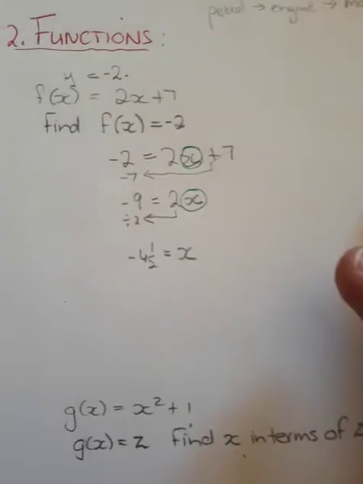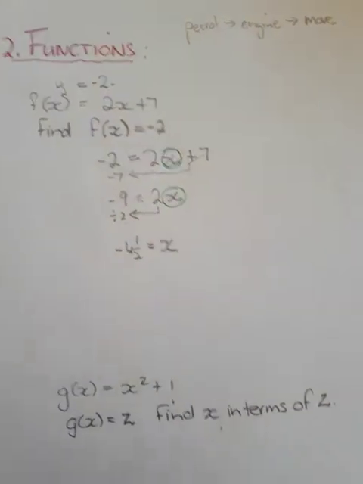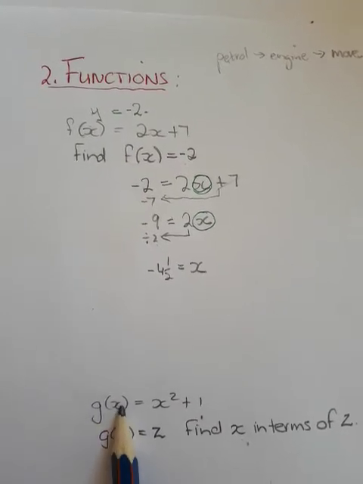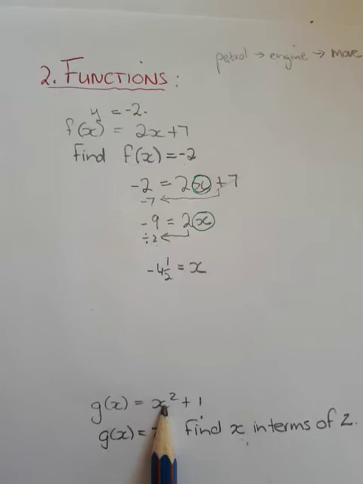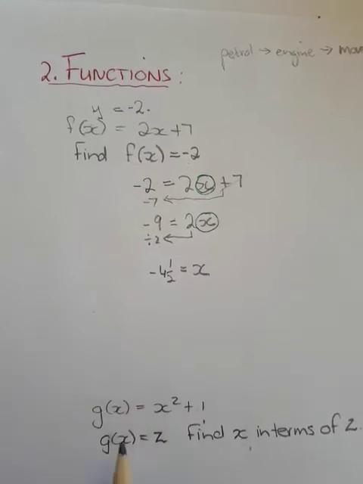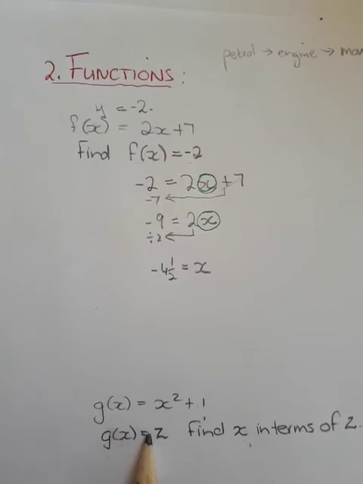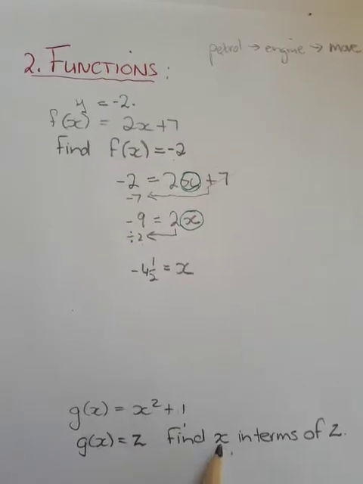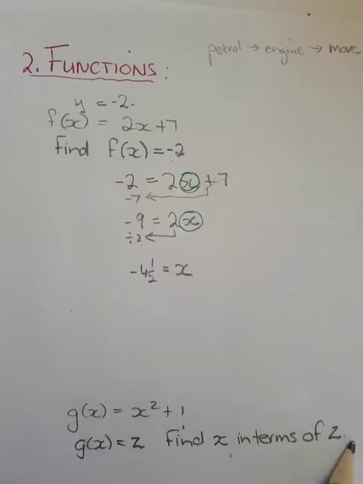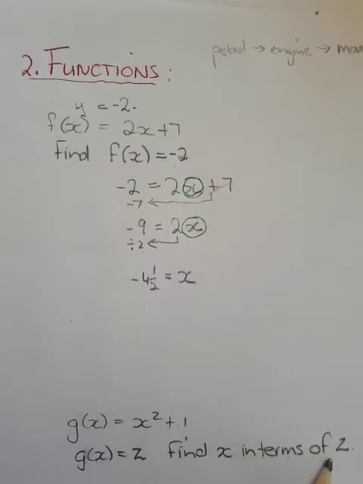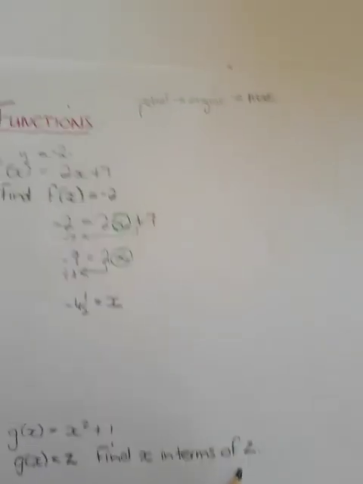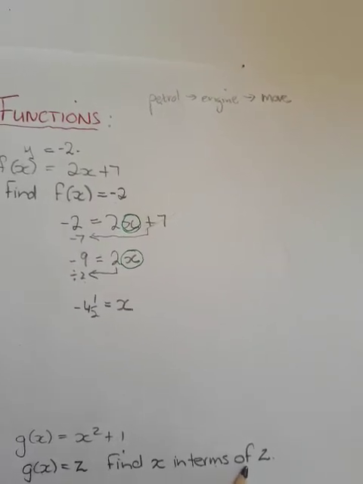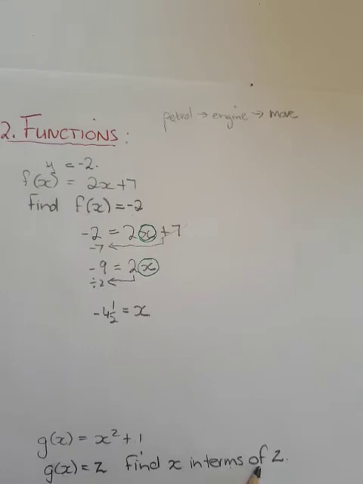All right, it can become a bit more complicated where they give you another function, g of x, which is equal to x squared plus 1. And they tell you that g(x) is equal to z, and you must find x in terms of z. Now, this "in terms of" you should remember we used when we transposed or rearranged formulae.